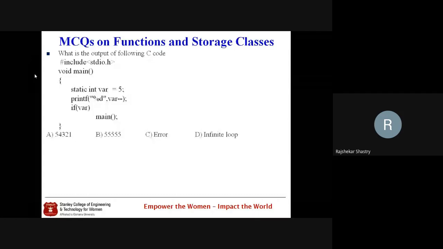Only one common memory is going to be created for var, in static storage, and we are printing it here in post decrement form. var-- means first 5 will be printed, then 5 gets decremented to 4. So right now 5 is printed and var is holding 4.